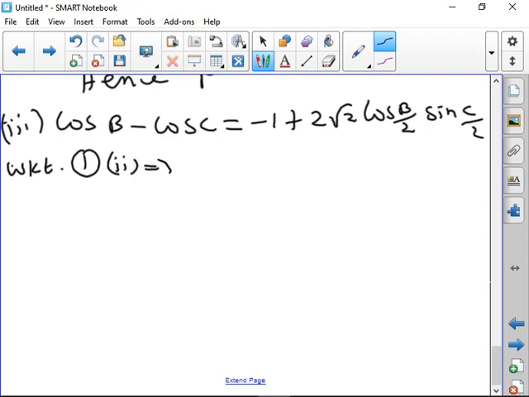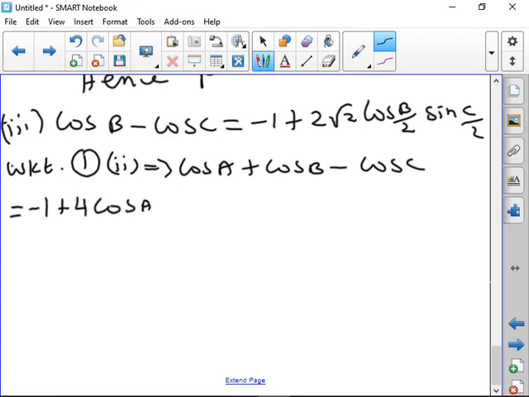So what is it? Cos a plus cos b minus cos c is equal to minus 1 plus 4 cos a by 2 cos b by 2 into sin c by 2.